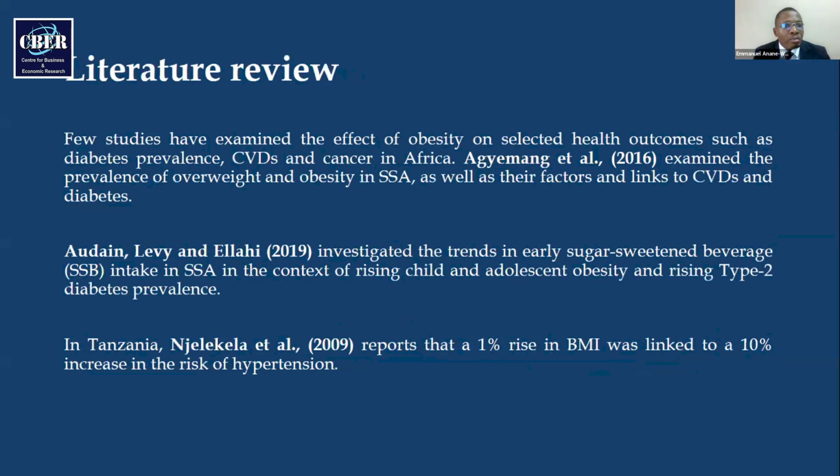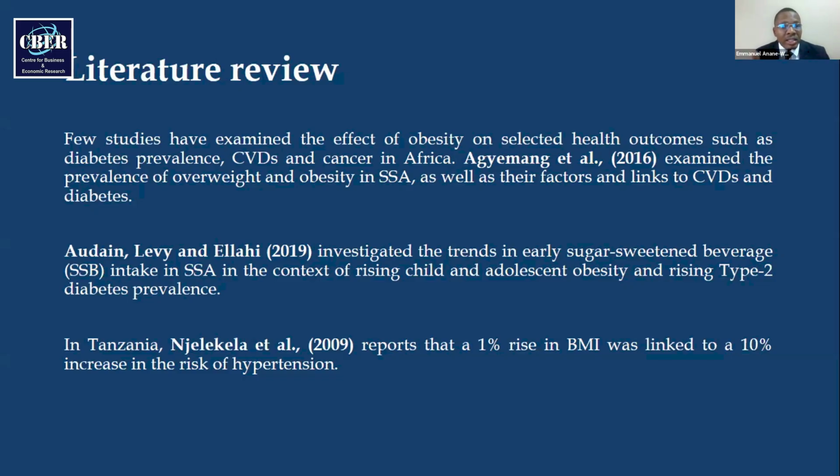In terms of literature review, there are some studies that have also examined the effect of obesity on some health outcomes. For example, Ajiman et al. 2016 examined the prevalence of overweight and obesity in Sub-Saharan Africa, as well as their factors and links to cardiovascular diseases and diabetes.